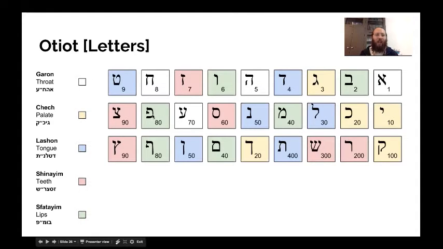There's a little notch on the side of the Pei that allows the Bet to be inside of it. So you've got the Bet inside and the Pei outside. That also has spiritual meanings. There are many interplays with the Hebrew letters.